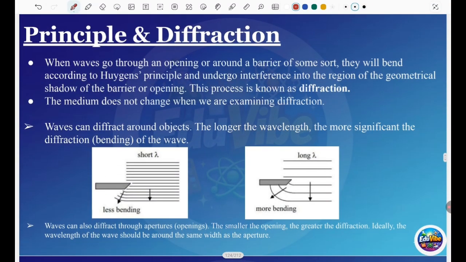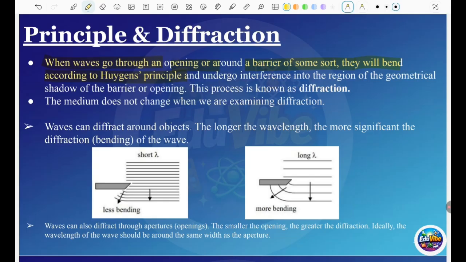Principle and diffraction: when waves go through an opening or around a barrier of some sort, there will be a bend according to the Huygens principle. So basically, when the waves go through an opening, there is some sort of barrier, and that bend tells us about how long or short the wavelength is.